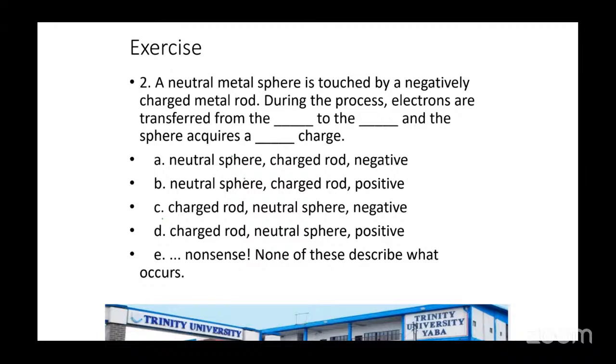Both objects acquire the same type of charge. So if a negative object is used to charge a neutral object, then both objects become charged negatively. In order for the neutral sphere to become negative, it must gain electrons from the negatively charged rod. So our answer is C.